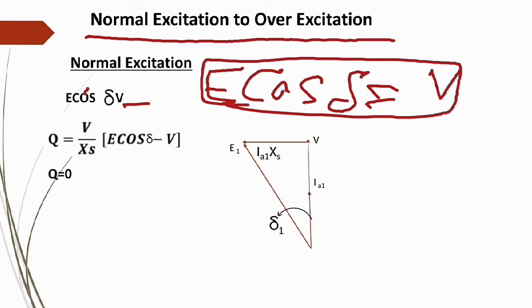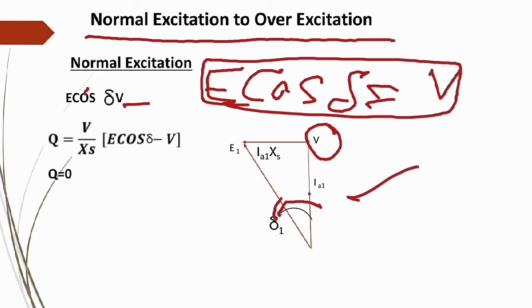Here you see E cos delta, this is delta 1 actually, so E1 cos delta 1 equal to V, when we neglect the armature resistance. This is the phasor diagram for the normal excitation.